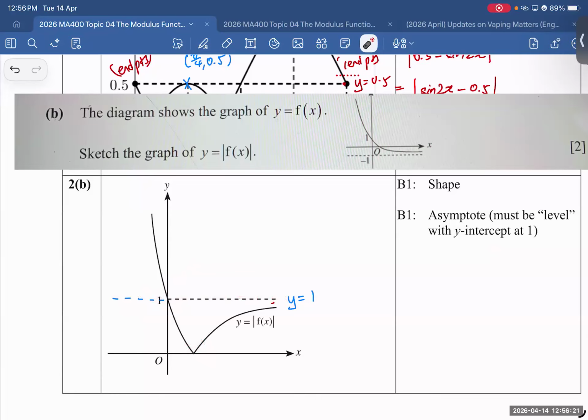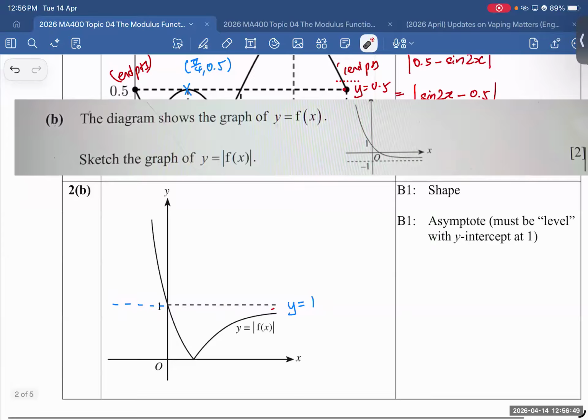It's not an L. You write an L, you get an L. So this one, you need the L shape. It's like a long graph. Then it's a dotted line. So make sure you write down the dotted line. Try to label the equation of the asymptote if you can.